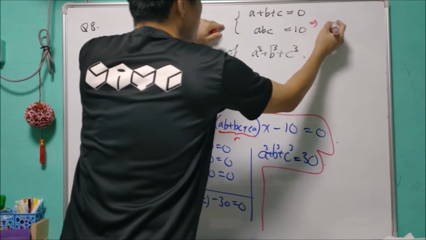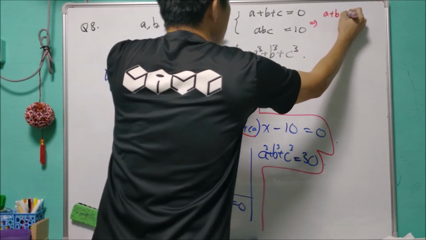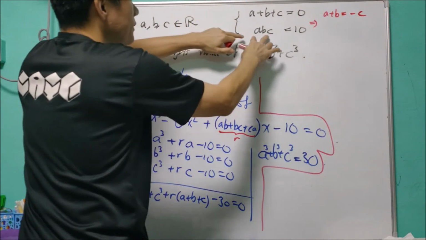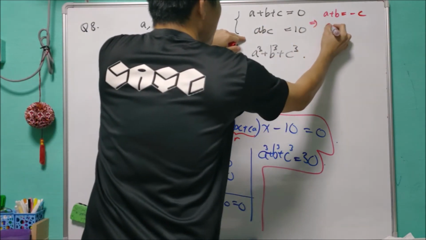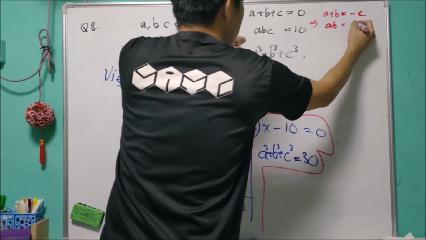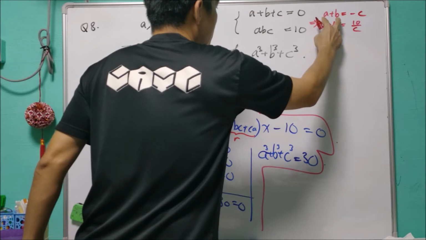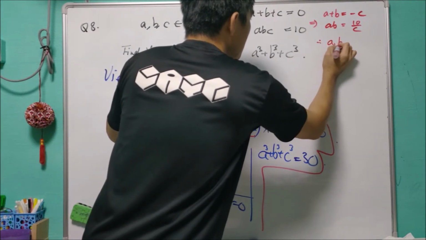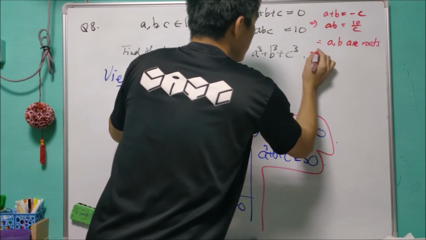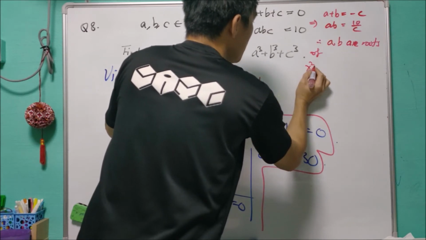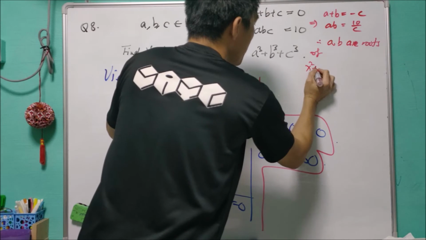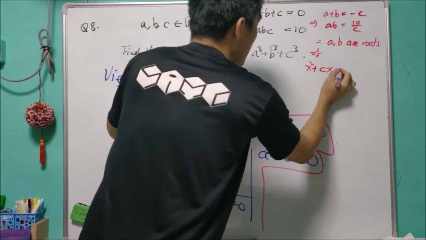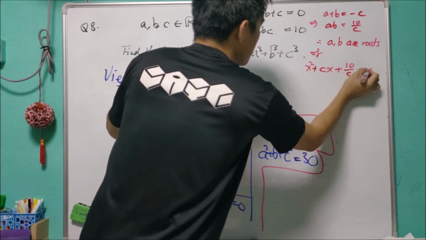From here, we know that A plus B equals negative C, and obviously C cannot be 0, so AB is equal to 10 over C. Now with the sum of A, B and the product of A, B, you can say that A and B are roots of the quadratic equation x squared minus the sum, which is plus Cx, and plus 10 over C equals 0.